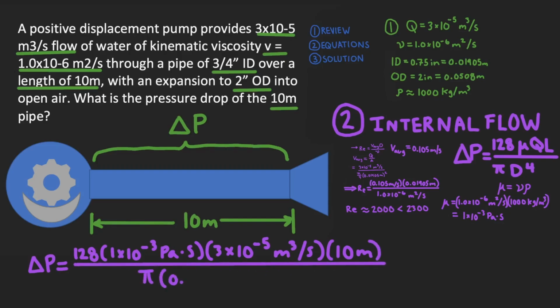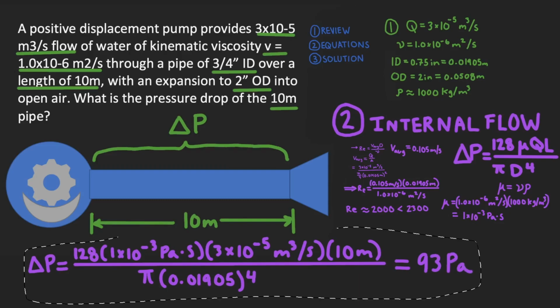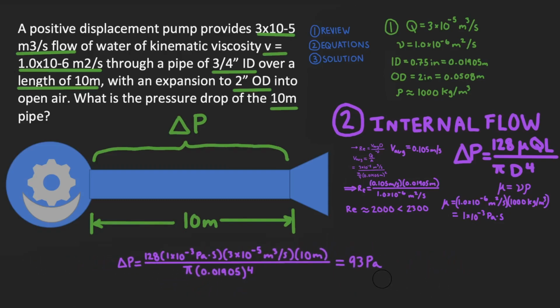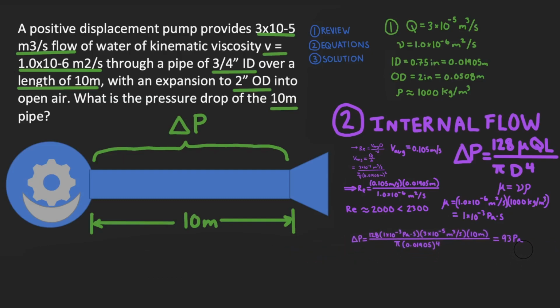All of those terms are going to cancel out, and we're just going to be left with 93 pascals. Indeed, pressure is measured in pascals, which is force over area. So it looks like everything is working out for us, and I think we can feel pretty confident in this solution.